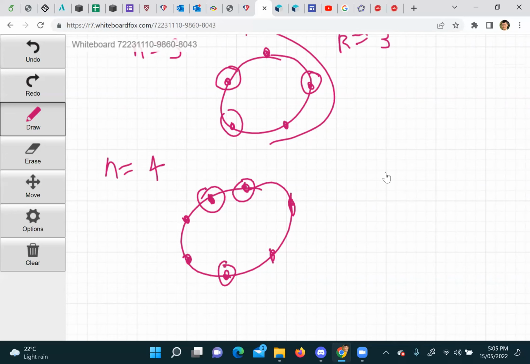I don't think so. Every time you place one, you cross 2 out. So you pick this one, and these 2 get crossed out, and you want to minimize the number of crosses.